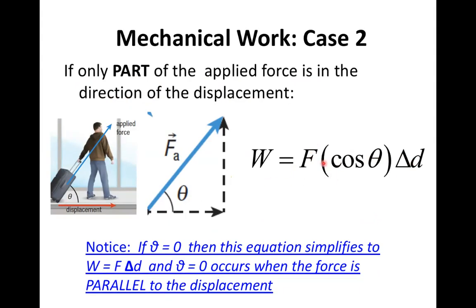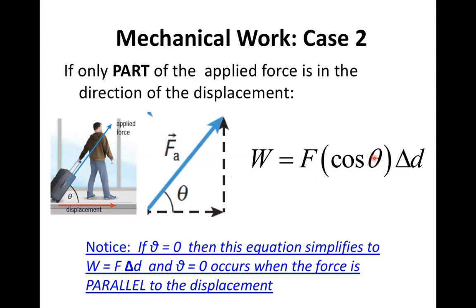And now this piece here is the component of the force that is in the same direction as delta D. So if this is delta D, it's the component of the force that is exactly in that direction. Notice that there are some ways in which this equation will simplify to case 1, where F and D were parallel.